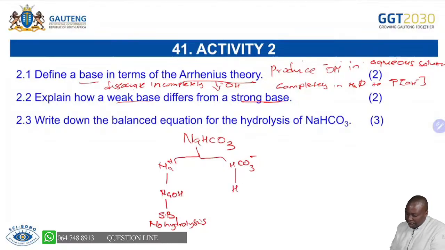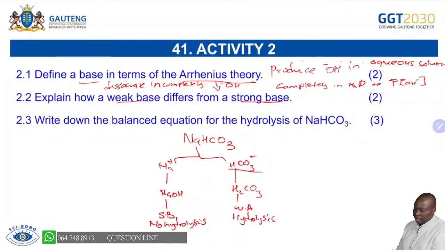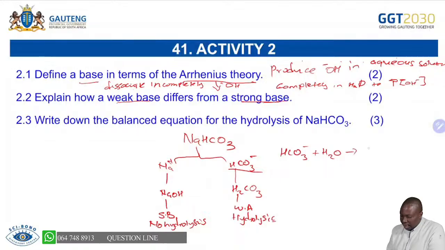HCO3 minus comes from carbonic acid, H2CO3, and we said this is a weak acid. A weak acid will undergo hydrolysis, which means the ion that will undergo hydrolysis is HCO3 minus. So you simply say HCO3 minus plus water gives us H2CO3 plus OH minus.